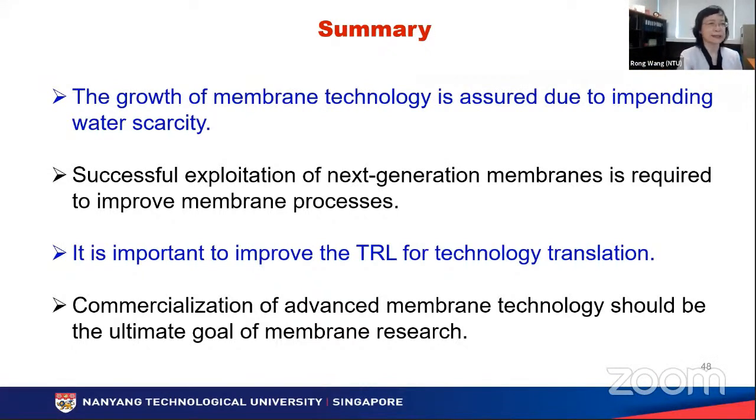It is important to improve the technology readiness level for technology commercialization. In SMTC, we have developed novel forward osmosis membranes, biomimetic membranes, and the low-pressure nanofiltration membranes. And commercialization of advanced membrane technology should be the ultimate goal of membrane research, I believe.